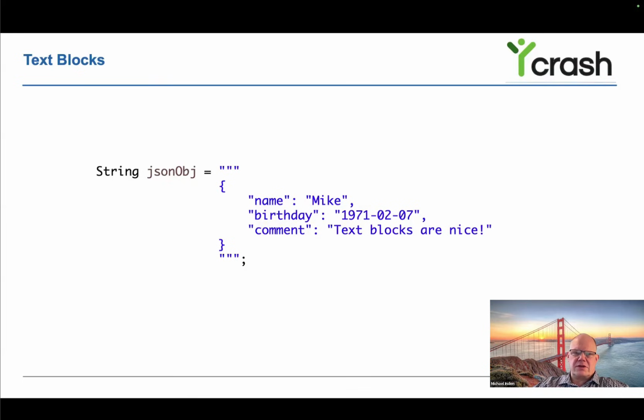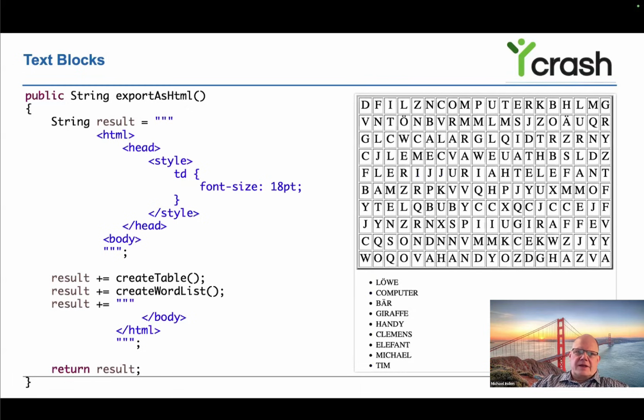this with text blocks. As a real world example, imagine you have something like a word puzzle where you have to find several words. These are in German, like computer, Löwe, and so on. And you have to find them in this mix of randomly selected jars.